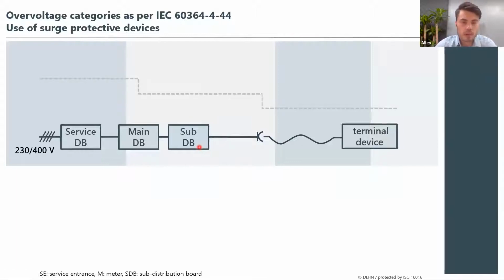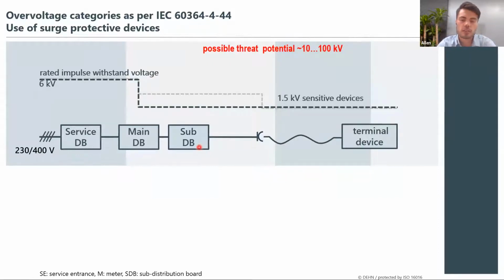Basically, all the equipment that's installed within an electrical installation has a certain rated impulse withstand voltage. This is the voltage that's determined by the manufacturer itself. These electrical installations are tested to withstand a certain amount of impulse voltage.